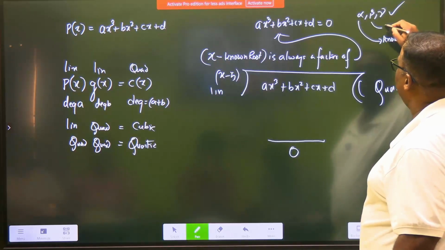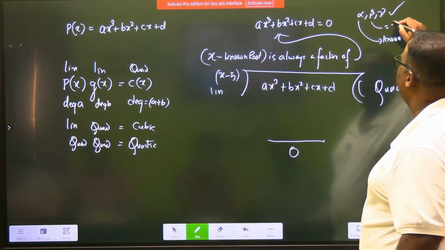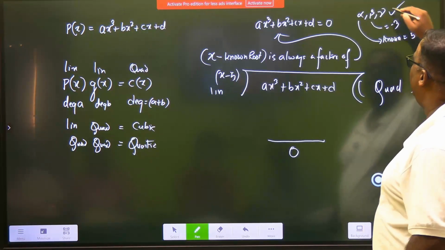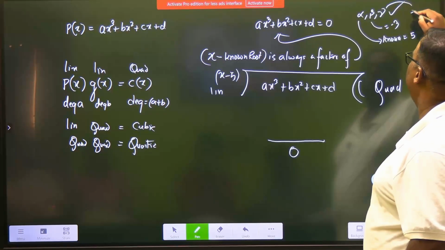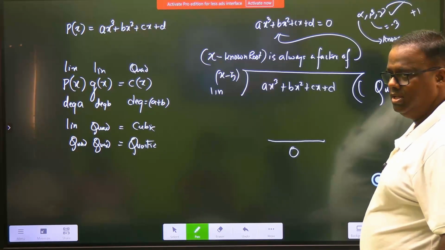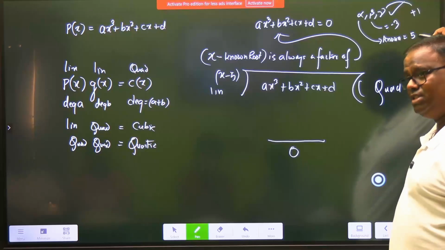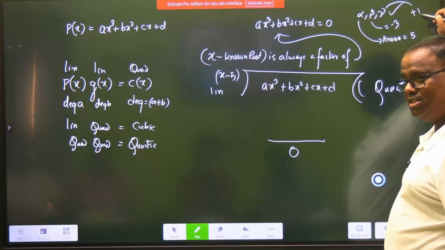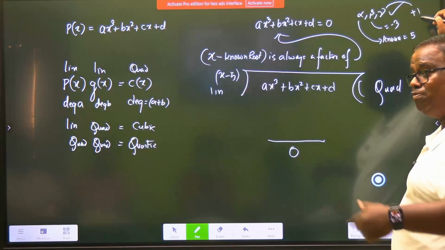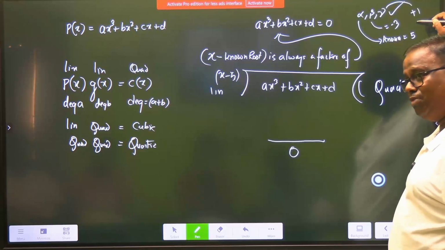If you solve such, say you get the value of beta as minus 3 and you get the value of gamma as say plus 1. So x minus 5 is a factor, x minus 1 is a factor, x minus of minus 3, x plus 3 should also be a factor.